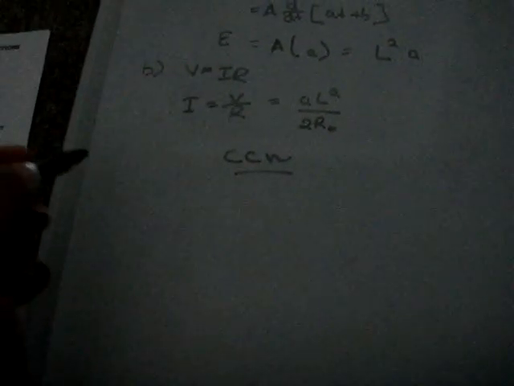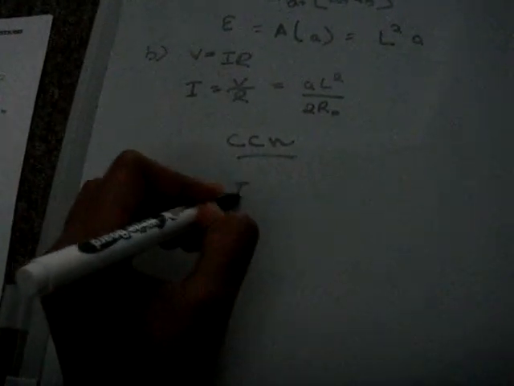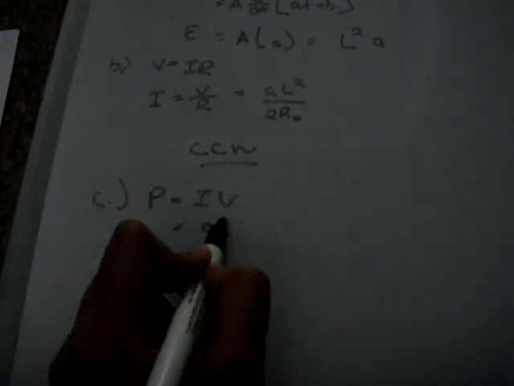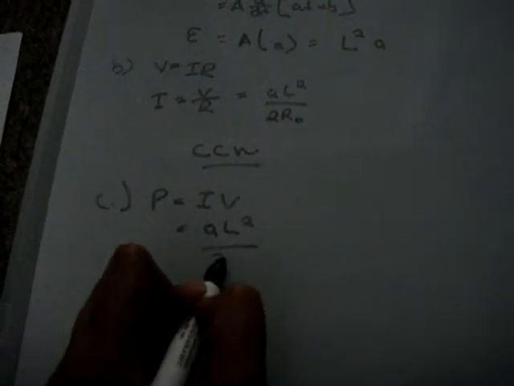Okay. C. Derive an expression for the power dissipated in bulb 1. Okay, so power, we know, equals IV. And I, we just figured out above. So we have A L squared over 2 R initial.